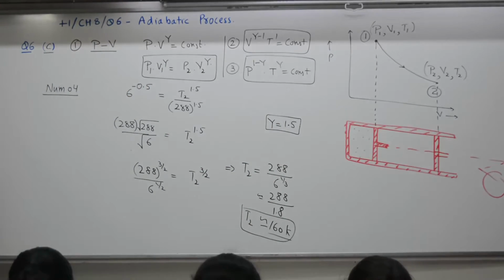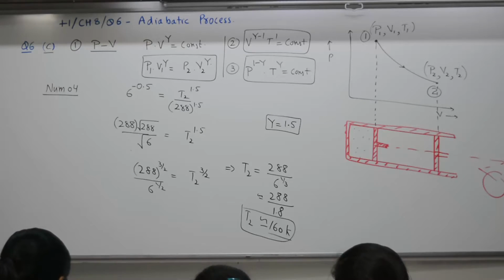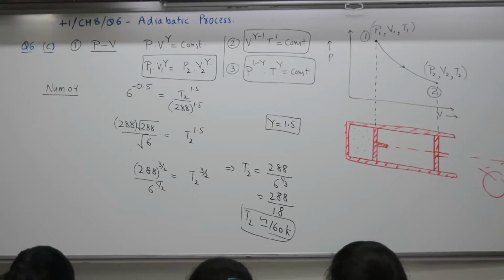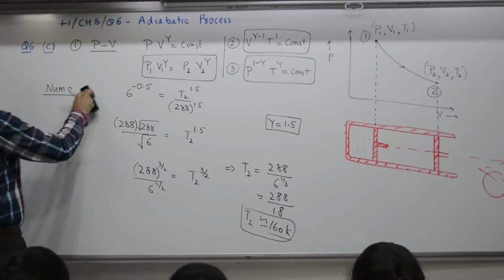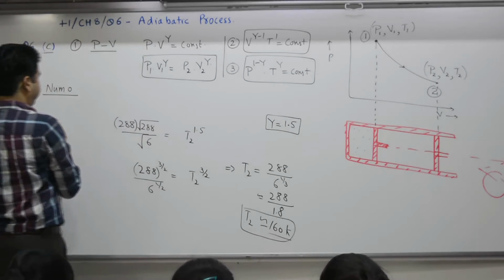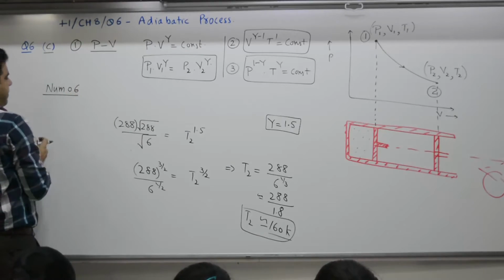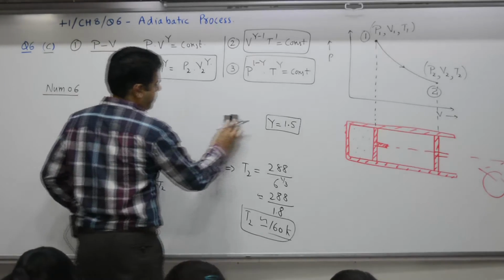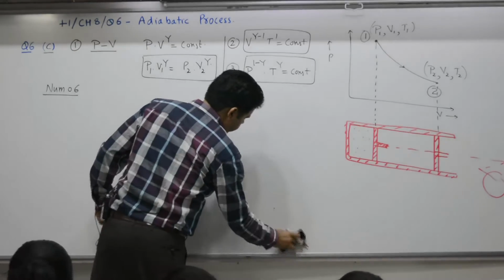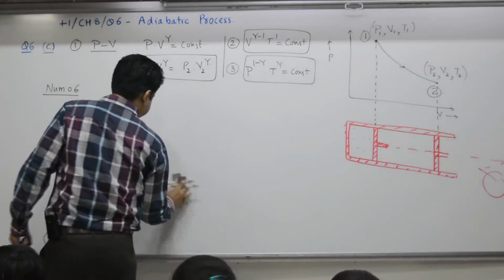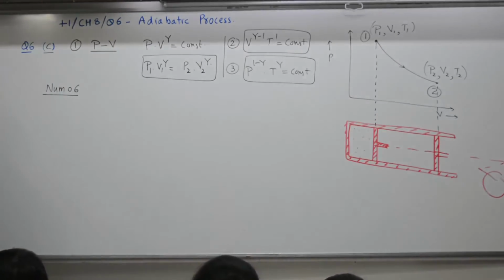One more numerical, number 6, B part. A quantity of air at normal temperature is compressed.